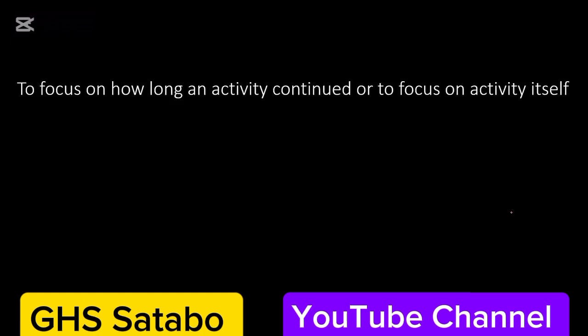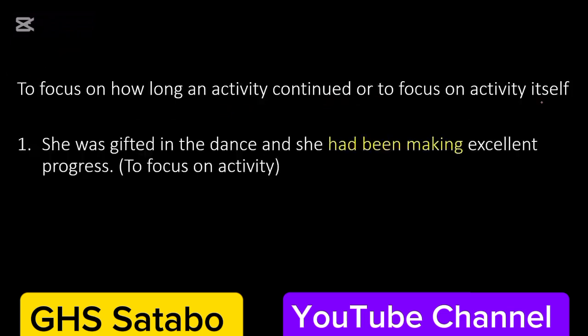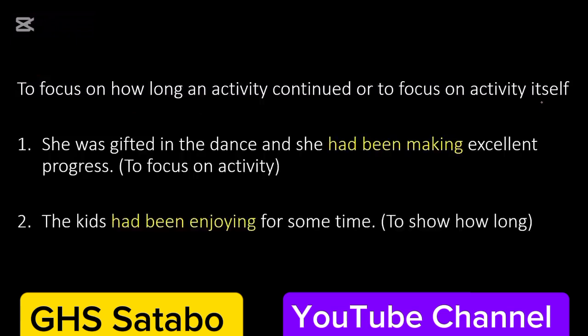Past perfect continuous tense is used to focus on how long an activity continued or to focus on the activity itself in some cases. Like, she was gifted in the dance and she had been making excellent progress. Or, the kids had been enjoying for some time. So in sentence number 1, you are simply focusing on the activity of dance.